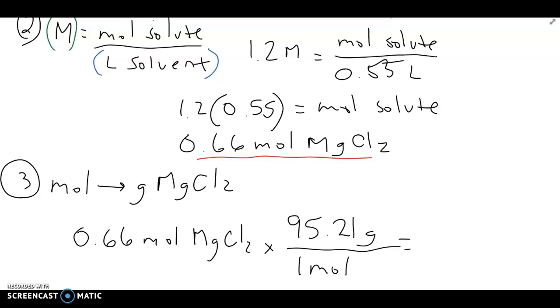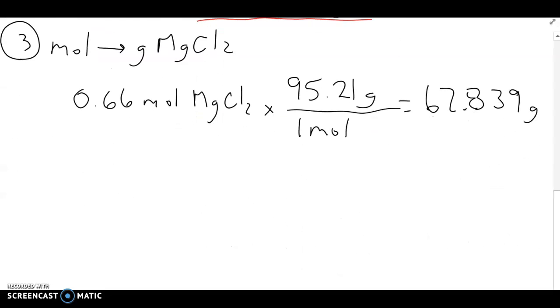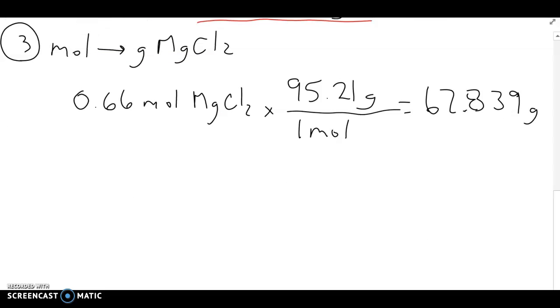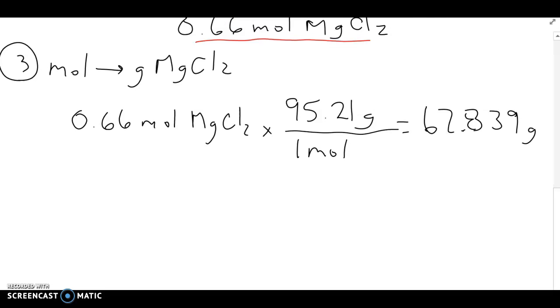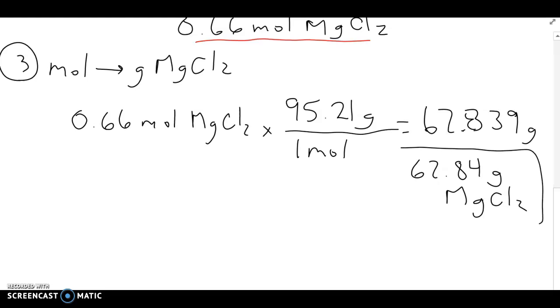That math comes out to be 62.84 grams of MgCl2, and that's our answer.